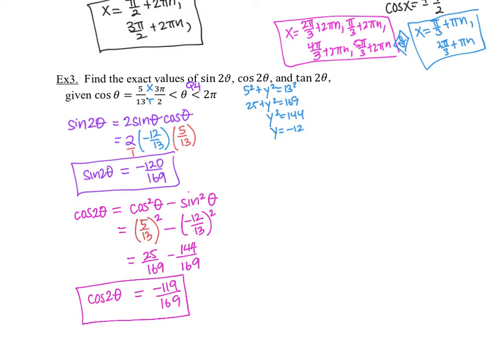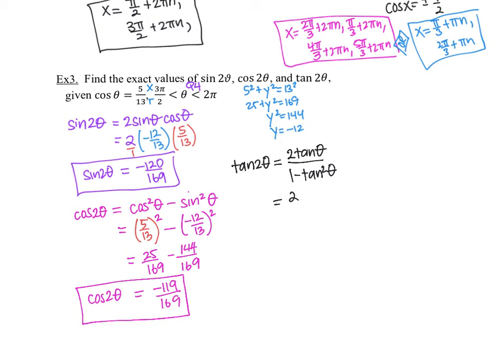Okay, now for the tangent of 2 theta, I'm going to calculate it 2 ways so you can see how to do it both ways. After you see it both ways, you will probably prefer one over the other. The first way I'm going to do it is by using the formula. The formula is 2 tangent theta over 1 minus tangent squared theta.